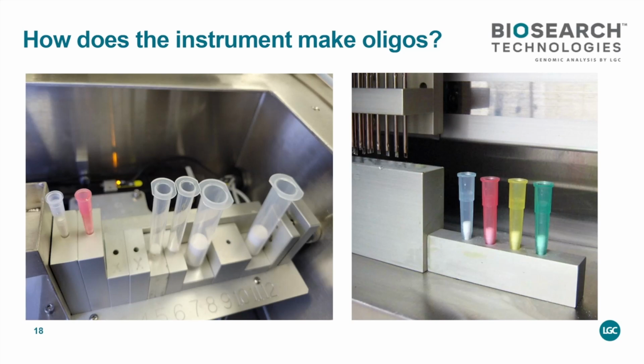In the case of our 2X synthesizers, which are the 48 and 192X, it's an XYZ synthesis, so it goes from every possible angle, allowing a much larger amount of amidites to be introduced into the injection head. The injection head is stable. The only thing that moves is the slide, so the column moves under the injection tip.